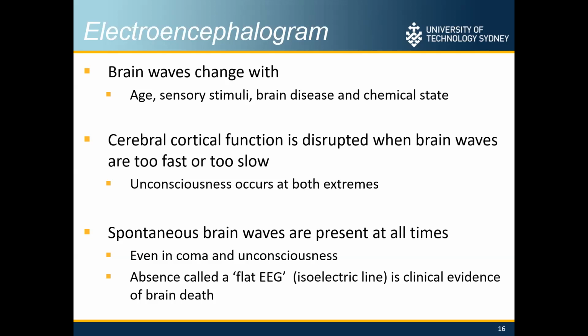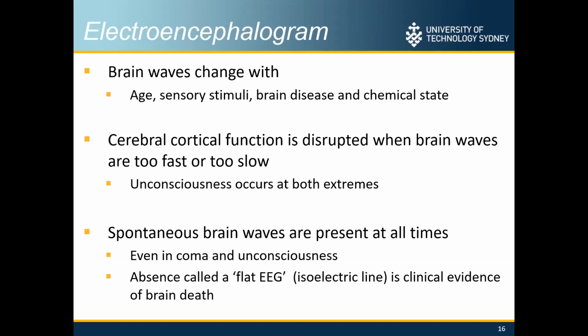When we're talking about cerebral cortical function becoming too slow and eventually leading to a flat EEG line, this is mainly associated with the onset of brain death, okay? And brain death is usually observed for at least 3 to 4 hours using an EEG.